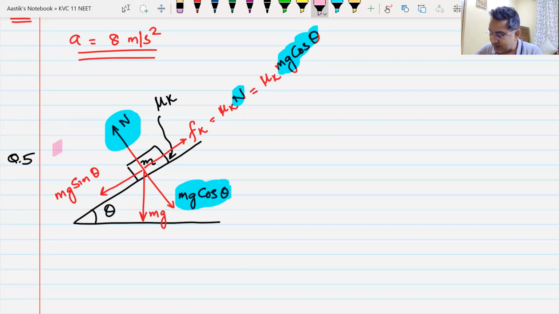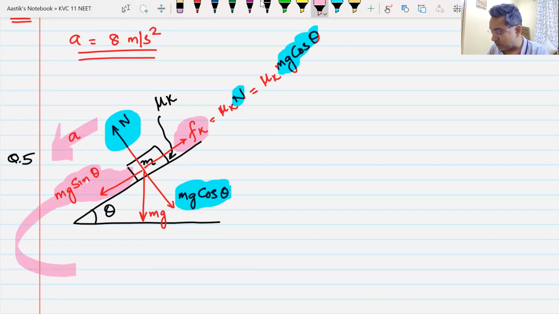We all understand that this block is trying to move downwards. Its acceleration is downwards. Now I can write the equation for this block. You can see there is a downward force mg sin theta and an upward force Fk.